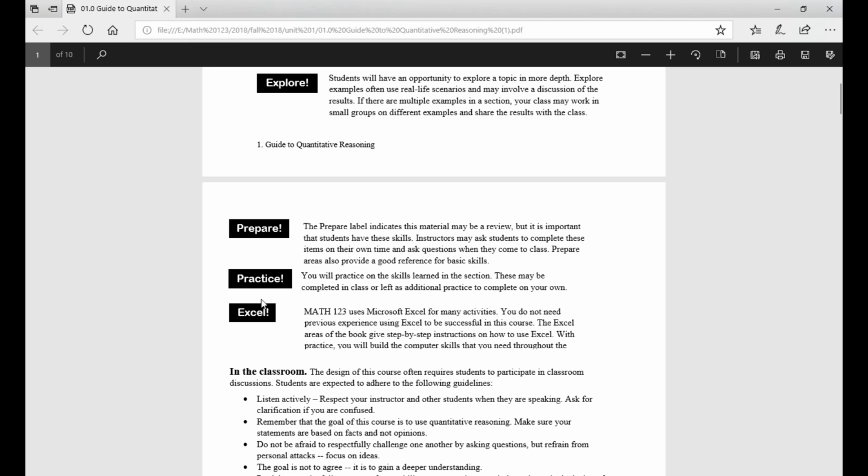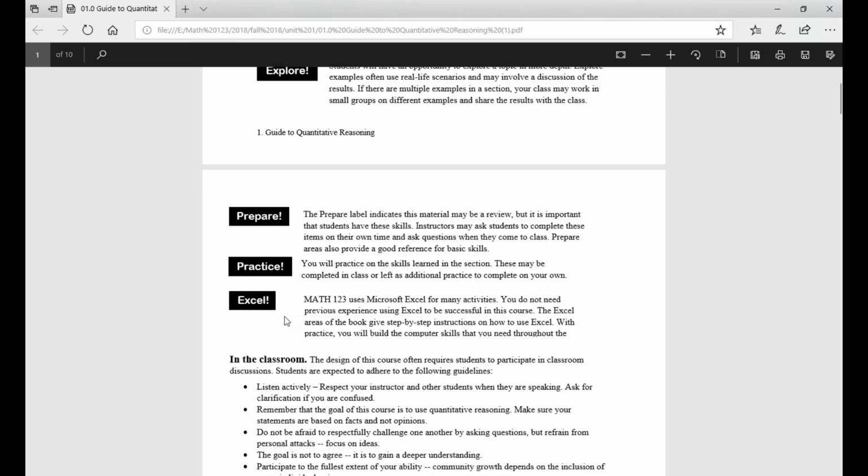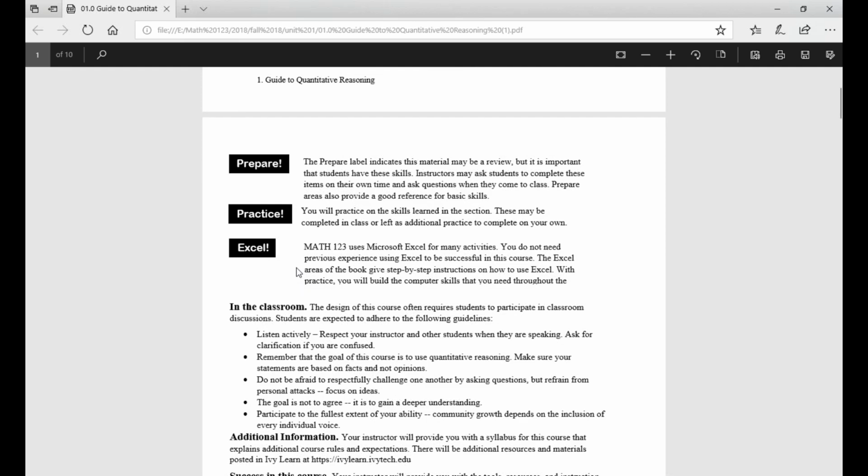And then occasionally we will have some Excel. Now, I don't want you to get worried if you've never used Excel, because we are going to be doing some super basic functions. Basically, we're going to show you how Excel can be used as a fancy calculator. And I'm going to literally take you from the very beginning.